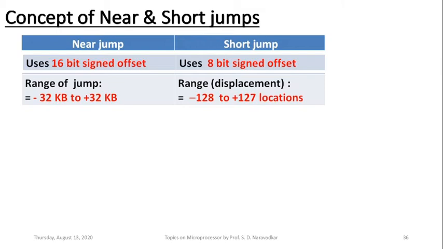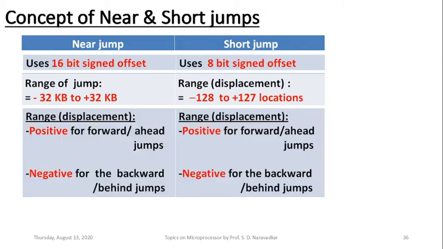It clearly means that whenever it is jumping to some previous location, it can go up to a maximum of 128 locations behind compared to the current contents of the instruction pointer. And whenever it is jumping to some ahead memory location, it can jump 127 locations ahead compared to the current contents of the instruction pointer. So this is about the short jump.